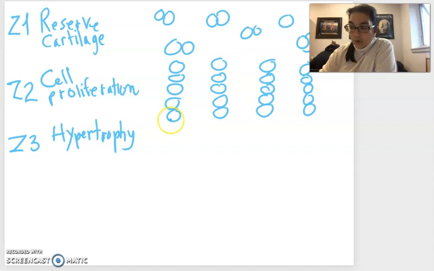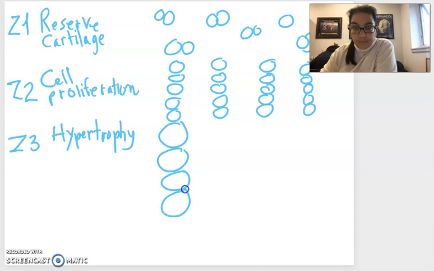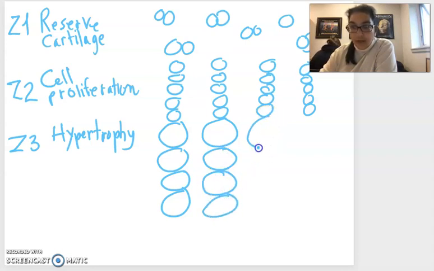The cells are enlarging. So think about the word enlargement. So here we go. Now we have really large lacunae. And as these cells enlarge and the lacunae are pushed out, you also have, as a consequence of that, a thinning of the matrix. You see the matrix that's in between here? Now it's getting thinner right here.